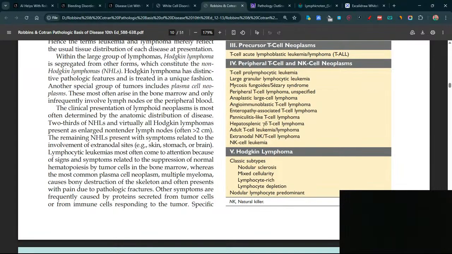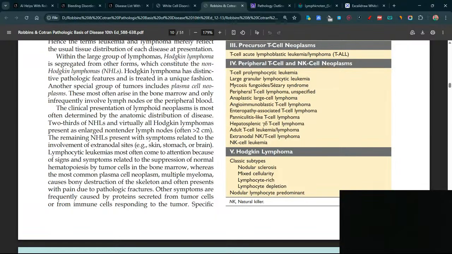Leukemia is a blood cancer. The reality is these terms are often used interchangeably, and a lymphoma can have a leukemic phase, and a leukemia can form a solid mass.